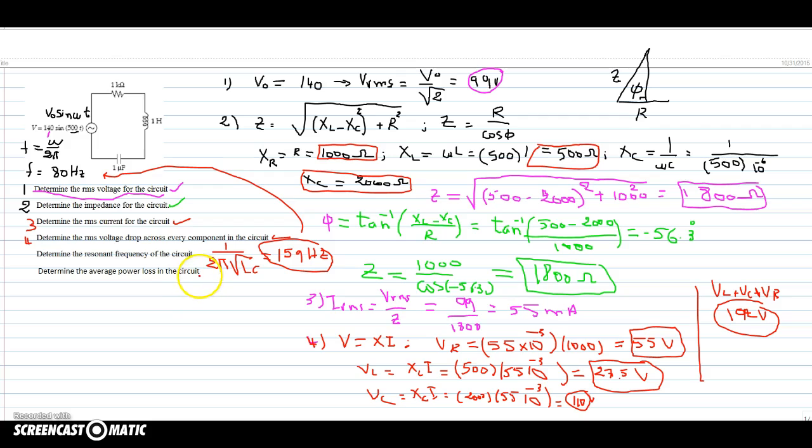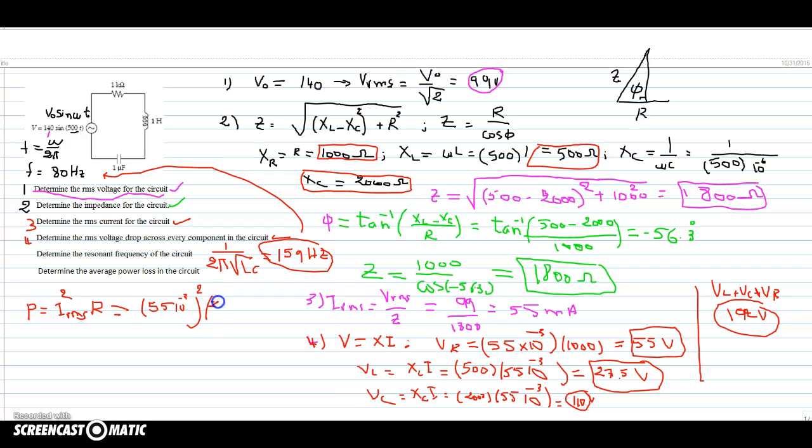The last question is, what is the average power? Well, the power can be evaluated in two ways. Either I RMS squared times R. This is probably straightforward because we have the I, which is 55 times 10 to the negative 3, squared, and we have R, which is equal to 1000.